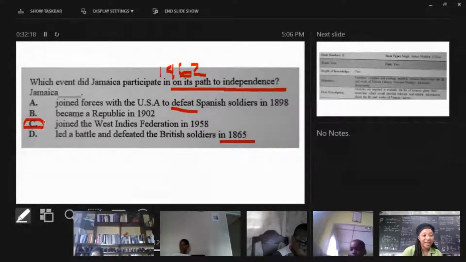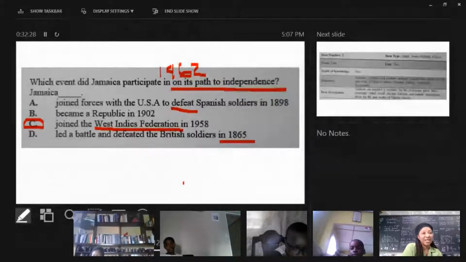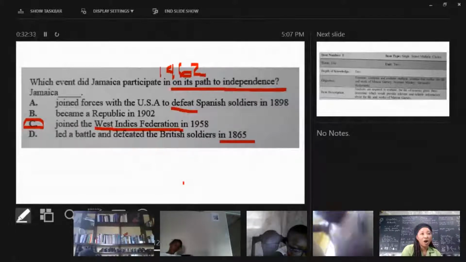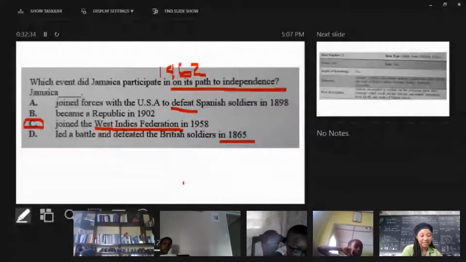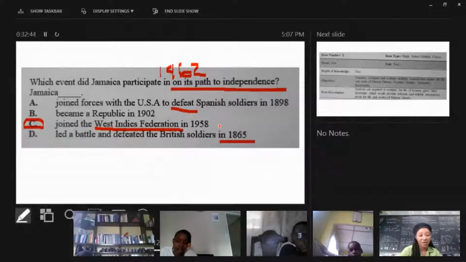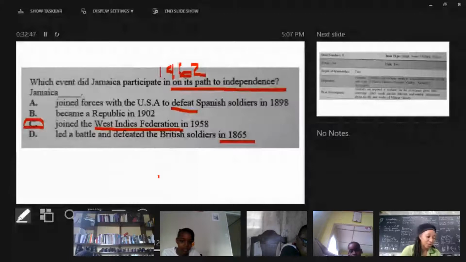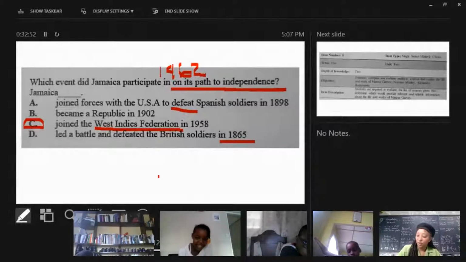In 1958, the West Indies Federation was proposed, that the British-speaking Caribbean islands come together as a federation, which would be almost like a nation state of islands. Even though the islands were separate, they would govern themselves as one. So, Miss, I got it right. Well, we know that you guessed, because you told us point blank you didn't know the answer. All right, so you guessed the answer.